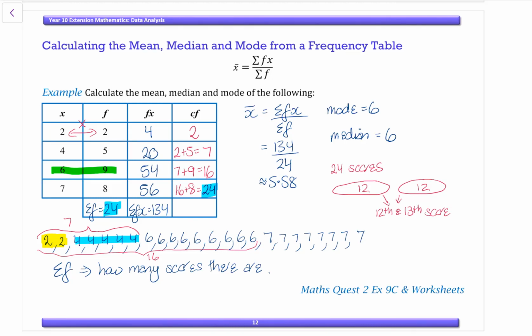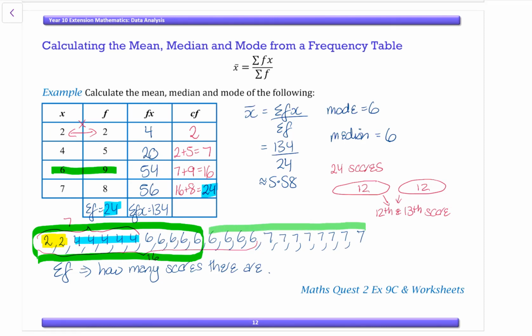Here is all my data, 1, 2, 3, 4, 5, 6, 7, 8, 9, 10, 11, 12. There's 12 pieces there, and there's 12 there. So you can see that the median is coming from the 12th and the 13th score. If that was different, we'd have to average them.